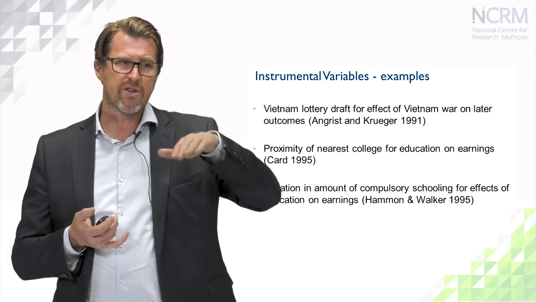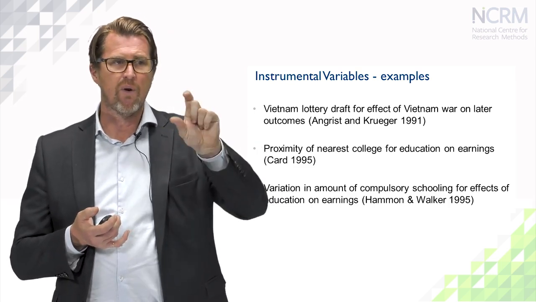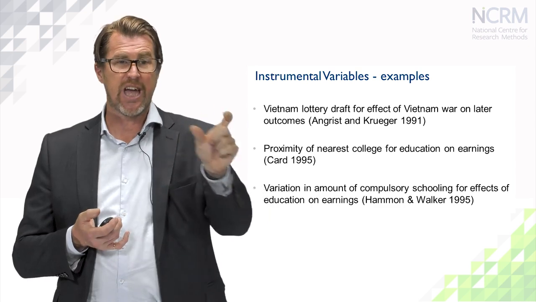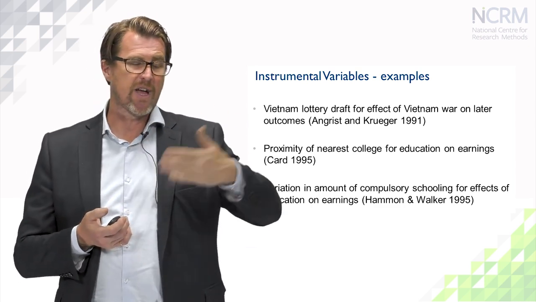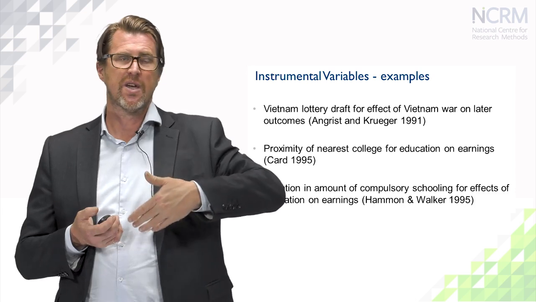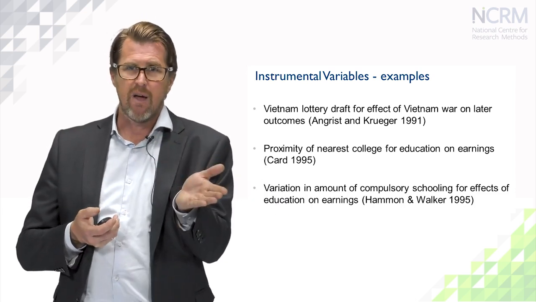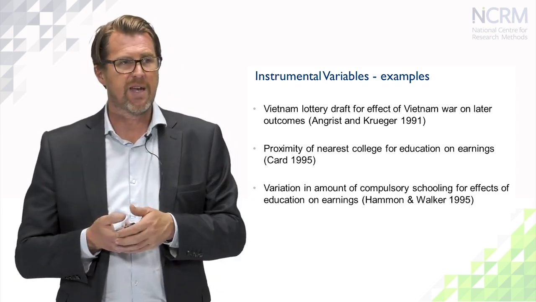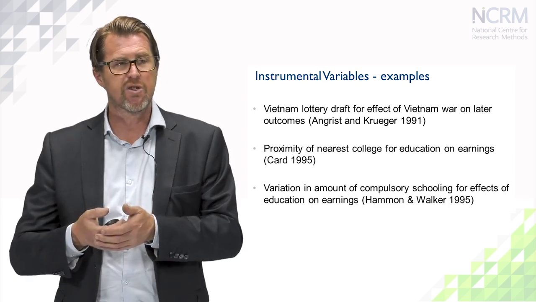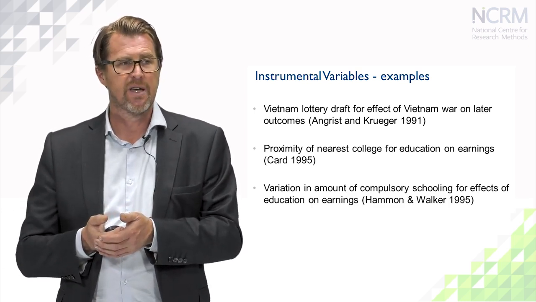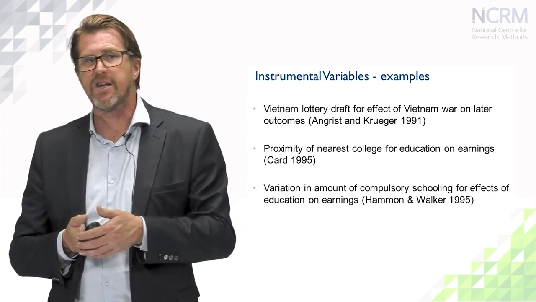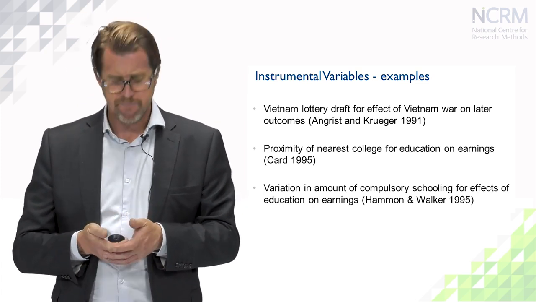And this can be used as an instrument for, again, the effects of education on later outcomes such as earnings, because the policy change introduced random variability into how much schooling people obtained, but it wouldn't have had any direct effect on earnings.